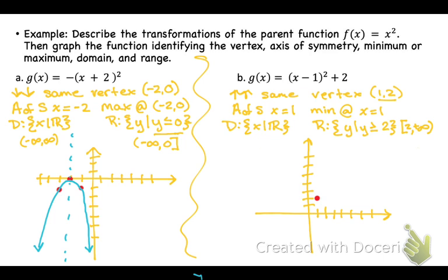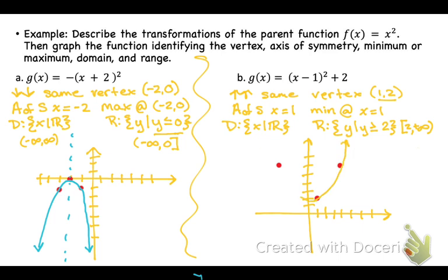Let's plug in 3. 3 minus 1 is 2, squared is 4, plus 2 is 6. So it's there, and then it's over. Same distance over there, yes? Now, this is a sketch.